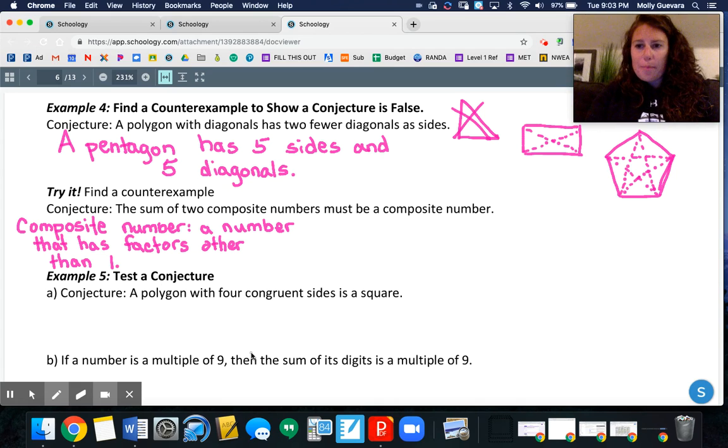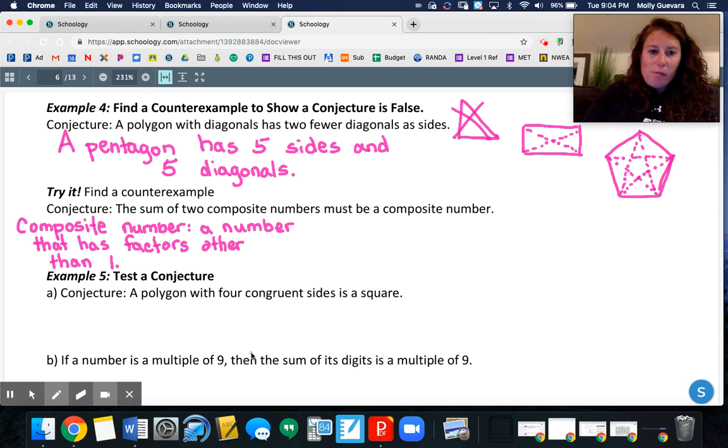Meaning it can be split up into 2 numbers, like 6 can be split up into 2 times 3, or 9 can be split up into 3 times 3, or 15 can be split up into 3 times 5. So any number that can be split up.